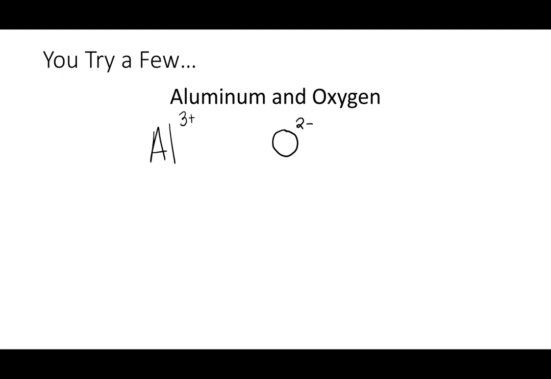So you could go through this whole process of finding the least common denominator, determining how many atoms of aluminum, how many atoms of oxygen, but that's a lot of work. Or we can use this helpful hint that helps us to quickly identify how many of each we would need. So what we're going to do, very scientific here, is we're going to flippity-flop the charges. So the magnitude of the charge on aluminum is going to become the subscript on oxygen.